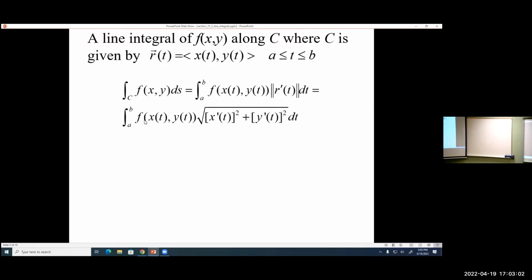All right. One thing I want to point out now, and I'll bring this up again later, a line integral is actually just an integral of a single variable. That's why we're not seeing the double integral up front, because what we have are parametric equations for our curve.